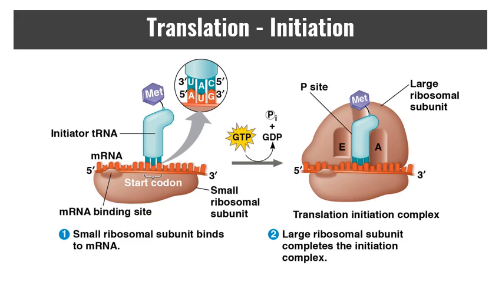In translation, the anticodon of the tRNA with its attached amino acid pairs to the codon of the mRNA, which is attached to a ribosome. Specifically, the AUG, UAC methionine-carrying tRNA is going to come in and start this process. When a second tRNA with its specific amino acid pairs to the next codon in the sequence, the attached amino acid breaks from the first tRNA and is bonded to the amino acid of the second.